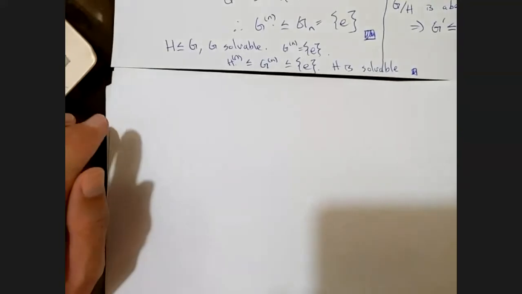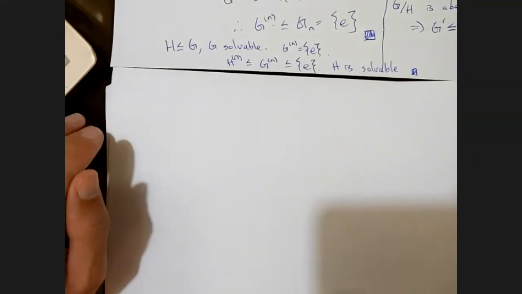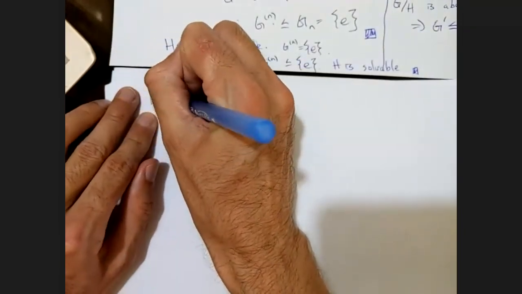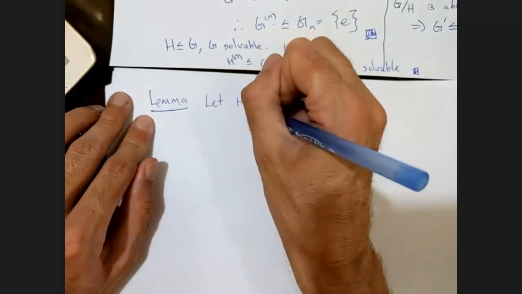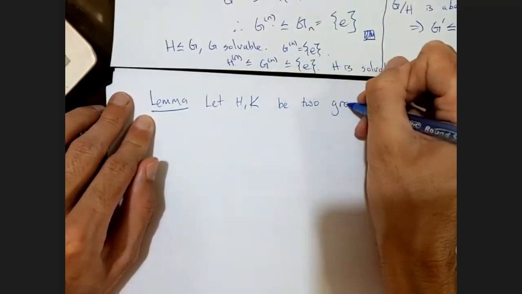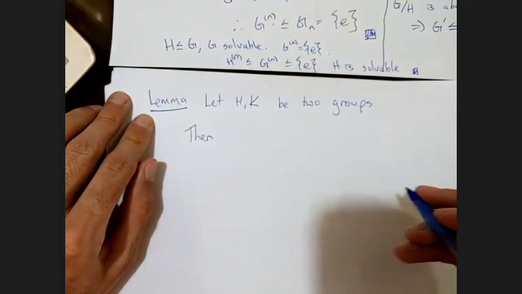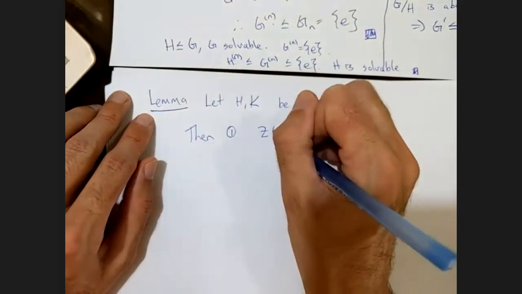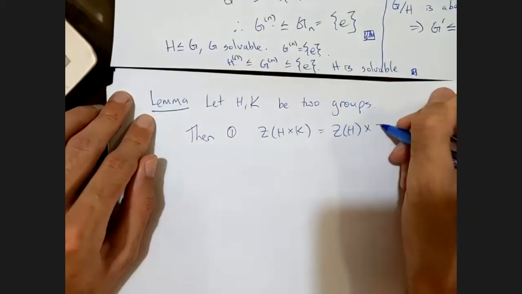Let's also prove that the direct product of solvable groups is solvable. Okay, for that we need a lemma. Let's take groups H and K. Then the center of H cross K is just the direct product of the centers.